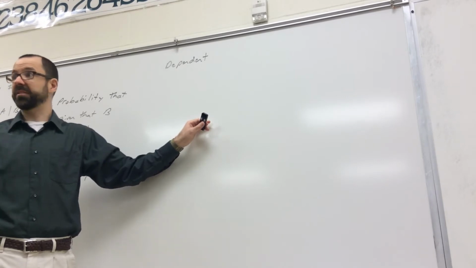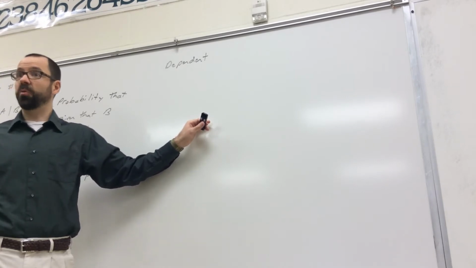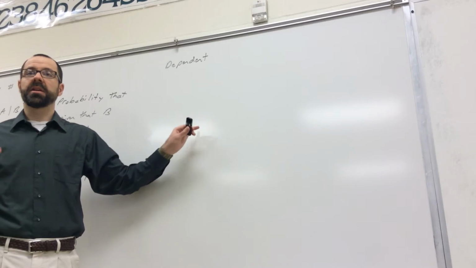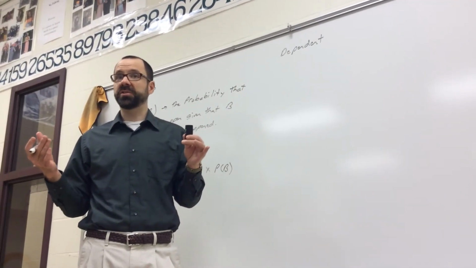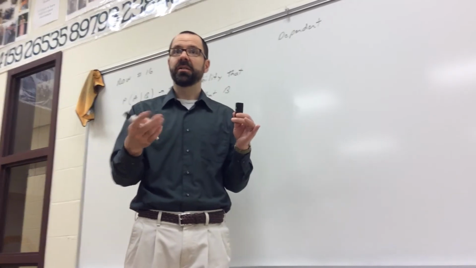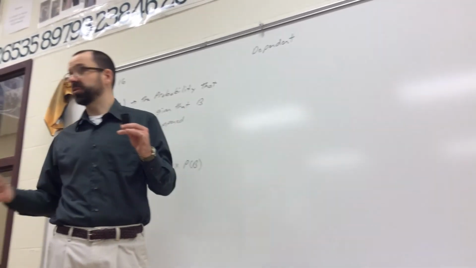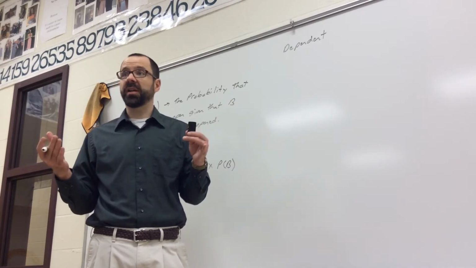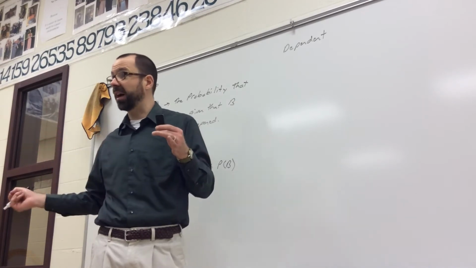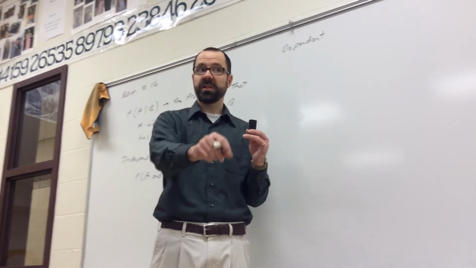Maybe you get an ace the first time, and then you don't put it back. Then the chances of getting an ace the second time are lower, because there used to be 4 aces in there, but after you take the ace out, there's only 3 aces in there. So those are dependent events, because what you get the first time is going to affect what you can get the second time.